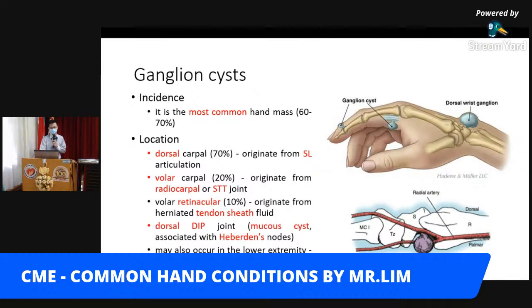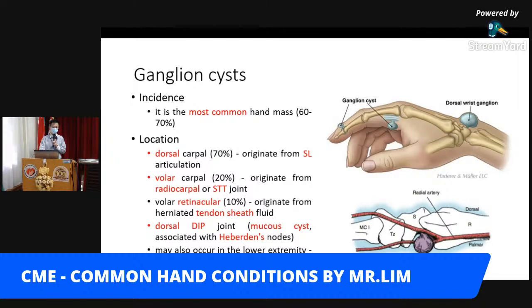The location of the lumps tells us a lot about the diagnosis, because they usually appear in very specific and very common areas. They don't come out from all the joints. Only certain joints.